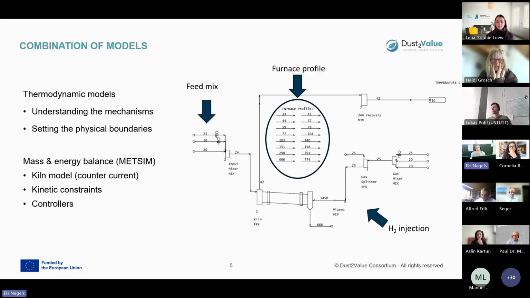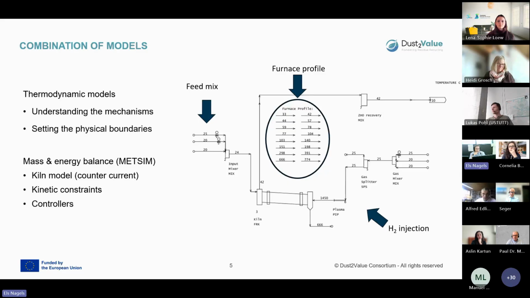So for every scenario, we can calculate the expected temperature profile in the kiln. We can calculate the expected atmosphere, the expected composition of the solid. And by combining this calculation with the thermodynamics I showed on the previous slide, we can actually investigate how we could optimize the process if there are problems with temperature or reaction rate and so on.